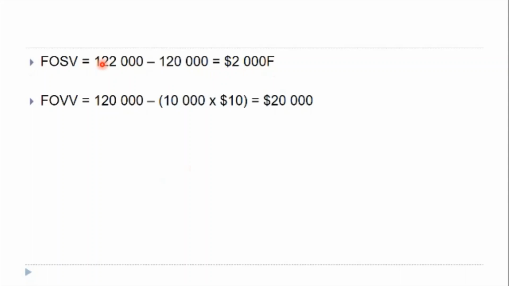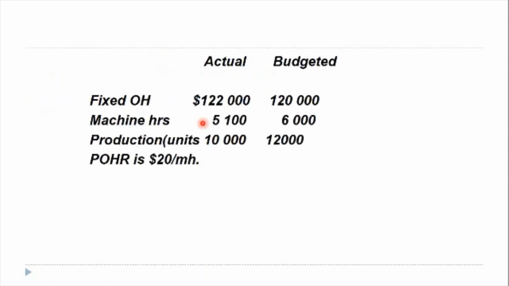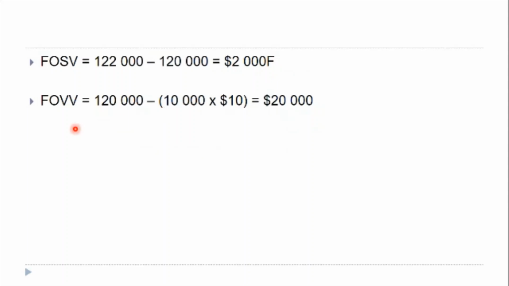It's favorable because, no, that shouldn't be favorable, right? Because the actual is greater, so this should be unfavorable. And then you have the fixed overhead volume variance: 120 minus the 10,000 hours multiplied by $10. If you subtract 100,000 from this, you get $20,000, and it would again be unfavorable.